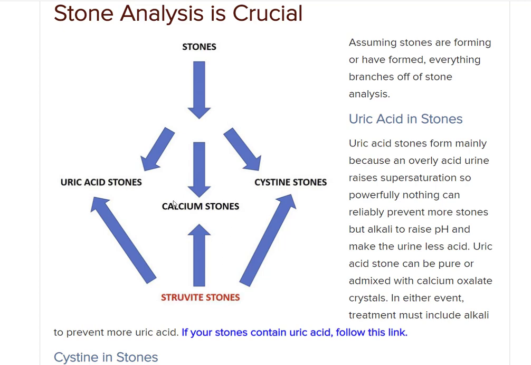The best is when the stones are analyzed. All the rest is a bit indirect. So if you have stones, or if you have had stones removed, move heaven and earth to get a diagnosis from stone analysis.